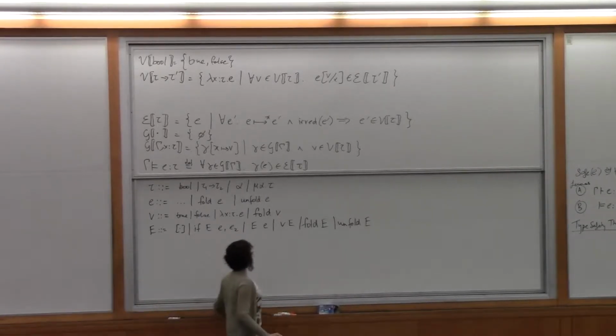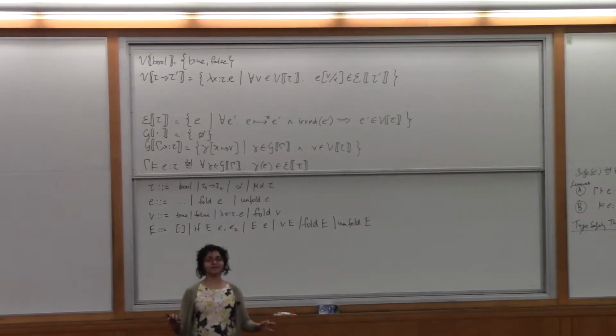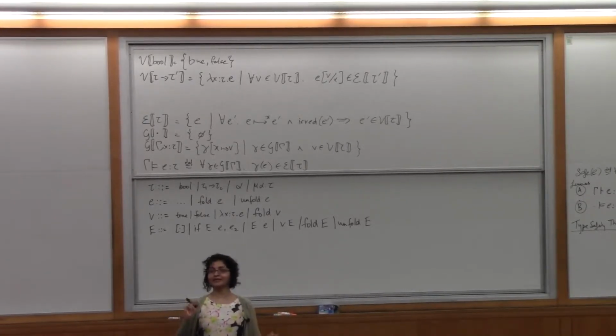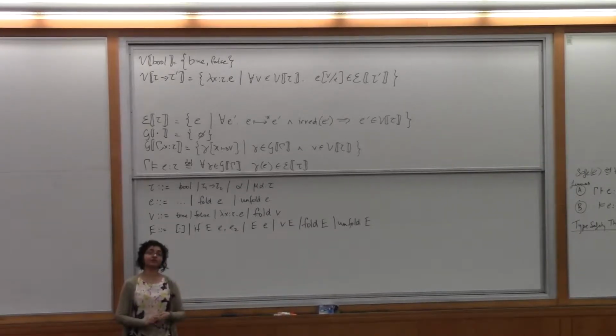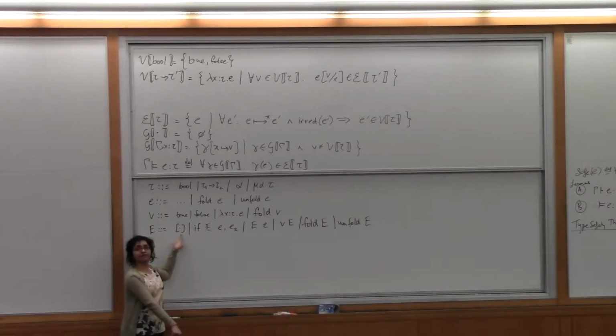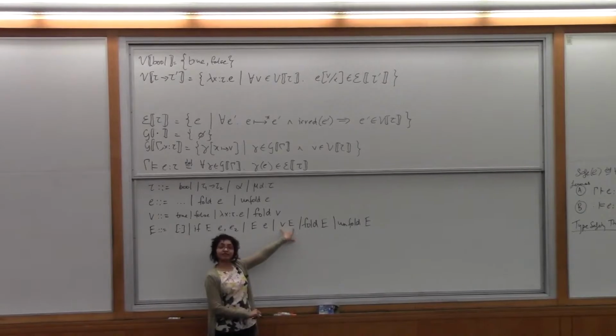This V big E right here? Okay, did you guys talk about evaluation contexts last week or something? A little bit? Okay, so the way that evaluation contexts work is they're specifying an order of evaluation. And the way you should read this is that when you have something in the hole, you need to run this down to a value, right? So what this one says is if you have an application form like this, so this is V applied to E, right?